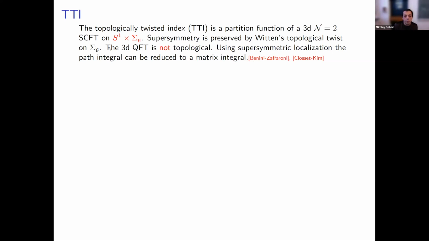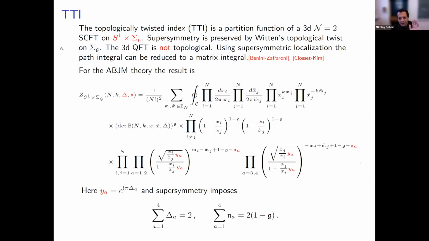Anyway, I'm doing this 3D QFT on this kind of space with some specific background fields, and I'm keeping a certain amount of SUSY, which is actually exactly the same: 2 real Qs are being kept. And then these people showed how you can apply the same logic of supersymmetric localization to compute the path integral of this kind of model on this space. So here's the answer. It's again some kind of a matrix integral, but it looks quite a bit more complicated than the previous one.